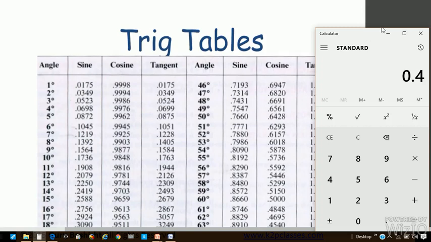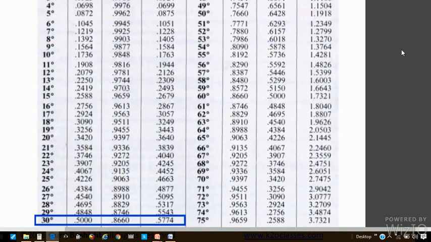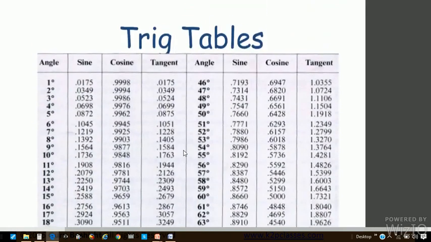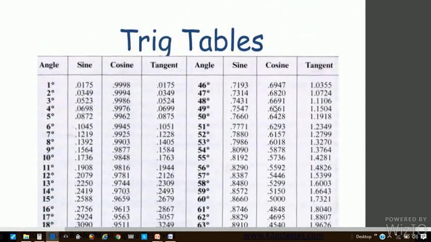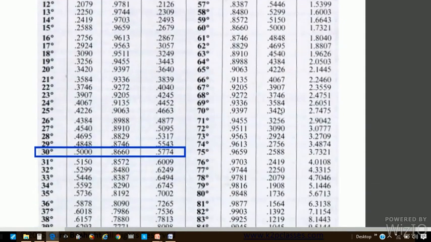So we see here 0.4 for cos. 22 degrees, 0.4, no, that is for sin. We have to look for cos. Then we see here 0.4067.